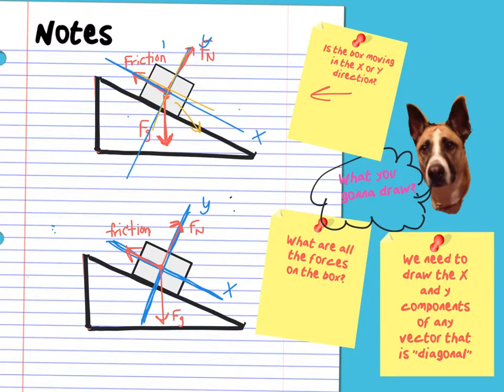This way, this picture matches the bottom picture below here. We're turning it so that the x-axis is parallel to the direction of the ramp. This way, when we say that the box is moving, it is moving parallel to the x direction.